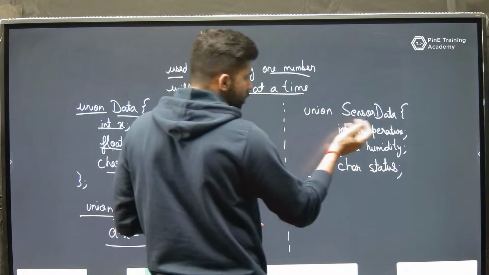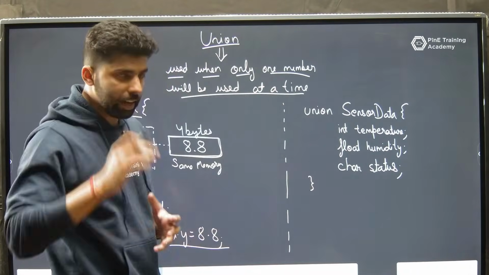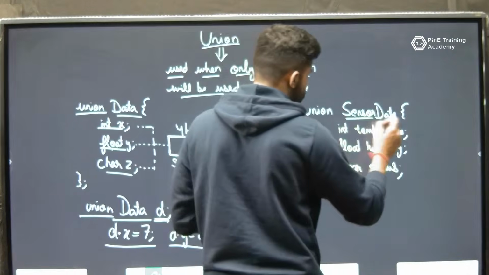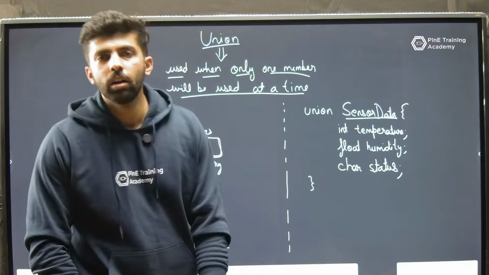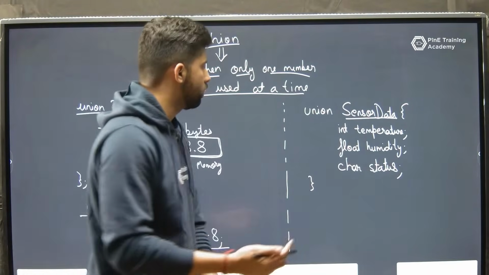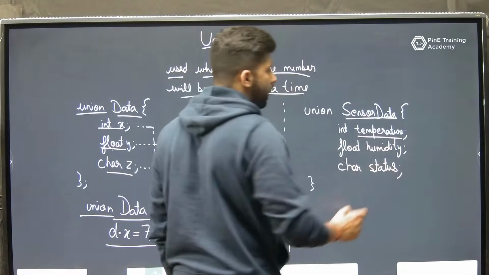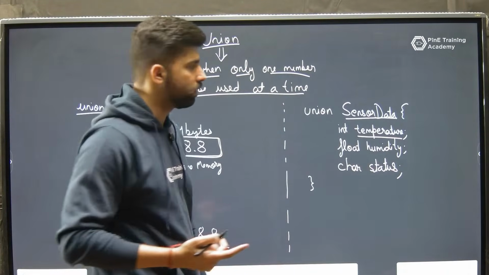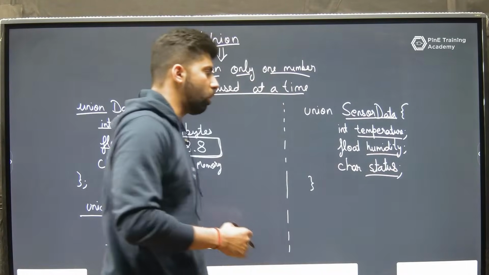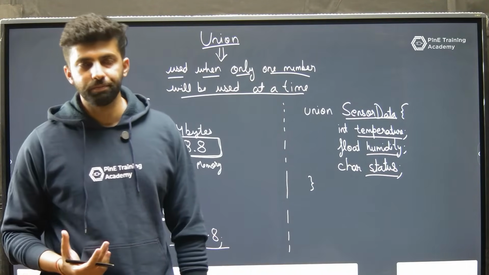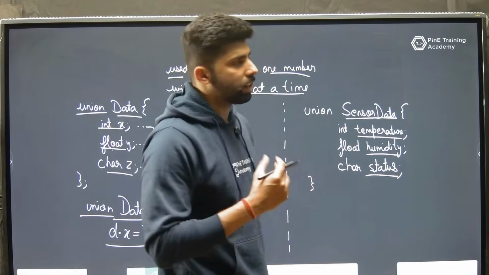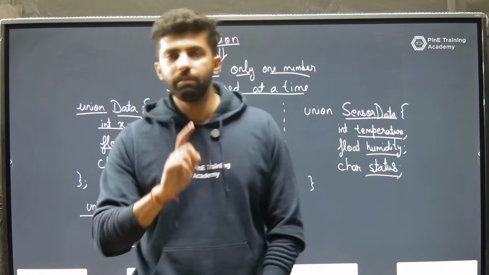Suppose you are writing code for a sensor, and for that you need sensor data. But at any point of time, you either want to check its temperature, or the value in humidity, or the value in status, right? So at one particular time you want to check only one thing.